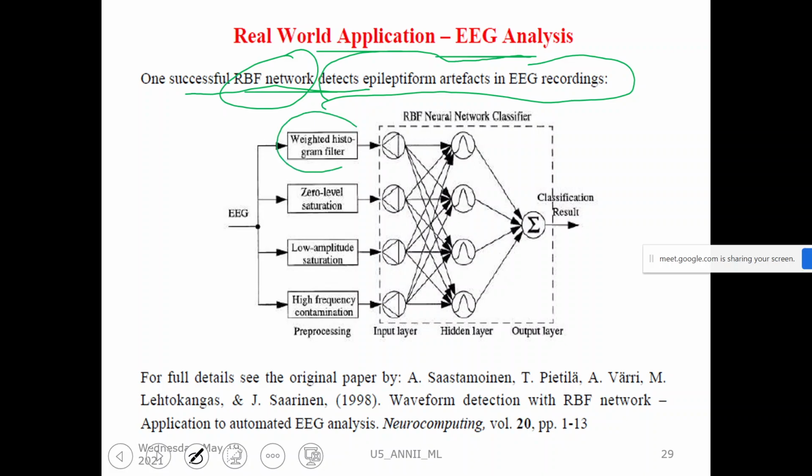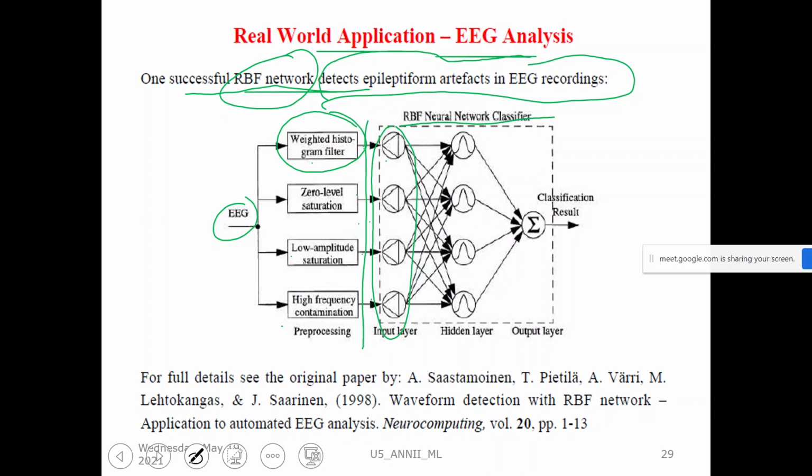This is an example of how exactly. What is needed in EEG? We need a weighted histogram filter, zero level saturation, low amplitude saturation, and high frequency contamination. These are the four pre-processing steps needed before applying the network. In the RBF neural network, this is the input layer, which takes these four parameters after pre-processing.